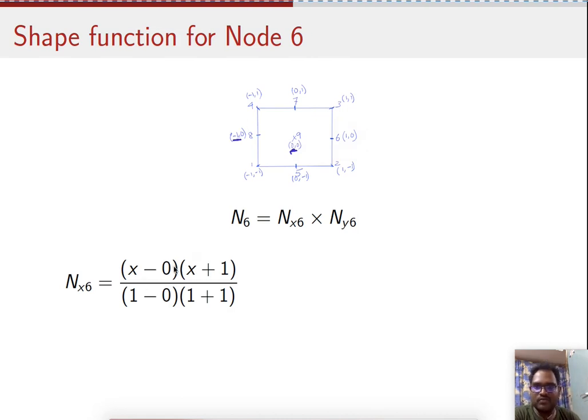So it is x minus 1, x minus 0 into x plus 1, which is minus of -1, and then just substitute the value of that particular x term, node 6, you will be able to find out the rest of the term.